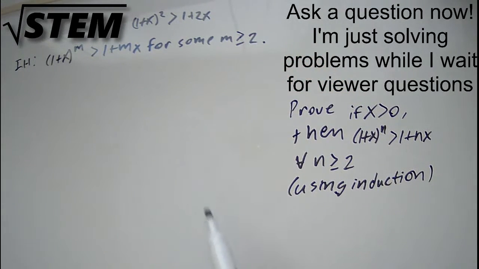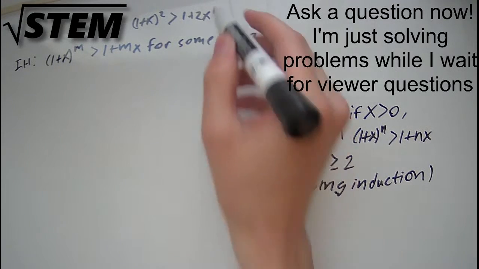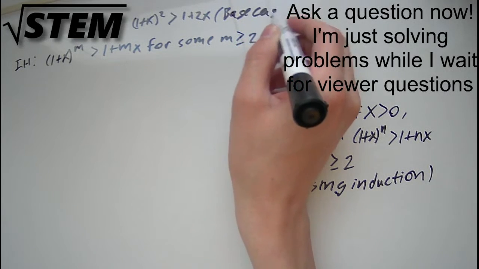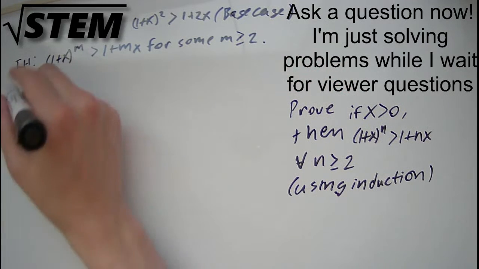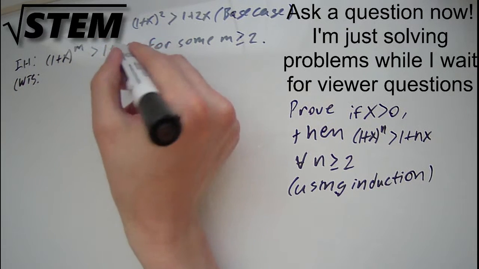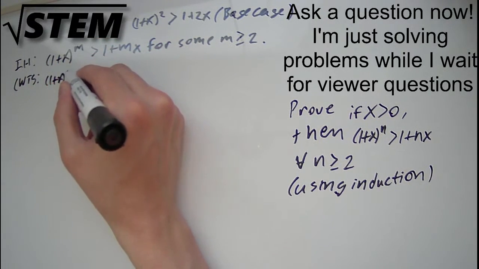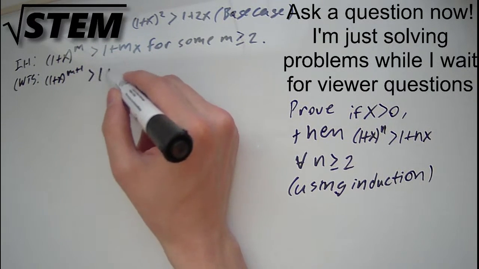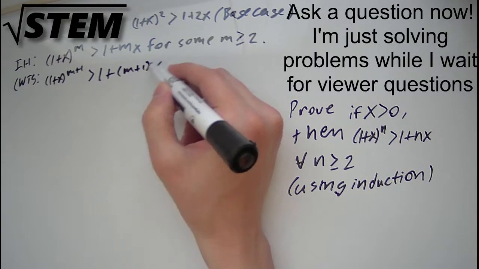Yeah, it has to be possibly equal to 2 so that it can include what we have from the base case. And now we want to show that this will imply 1 plus x to the m plus 1 power is greater than 1 plus m plus 1 times x.